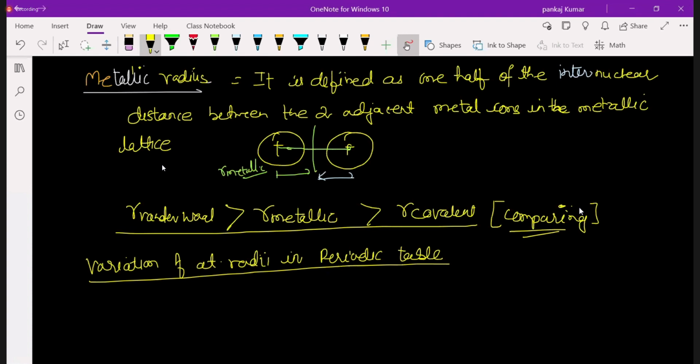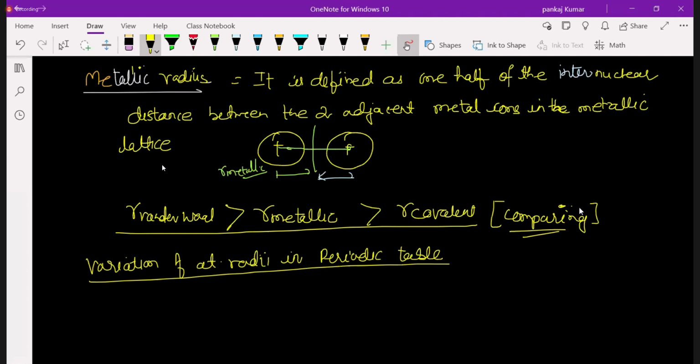This chapter is actually studied after atomic structure. First is your mole concept, then atomic radius, and the third chapter is chemical bonding. After that, we study periodic properties. But you have not studied chemical bonding, and we directly jumped to periodic properties. That is wrong. So let us see first.